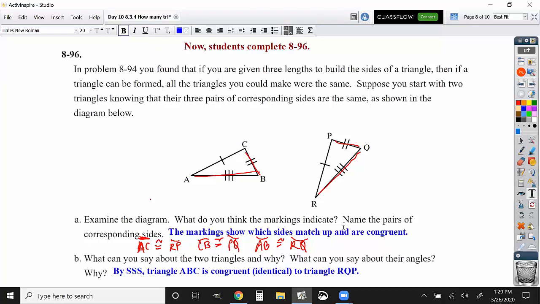If they had three sets of sides congruent, if they're exactly the same size, exactly the same shape, I can also conclude now the angles, I'll say this, the corresponding angles must be congruent because the triangles are congruent.